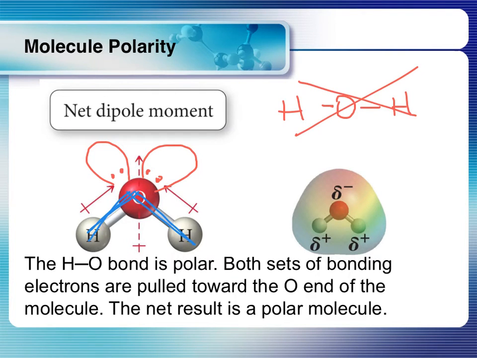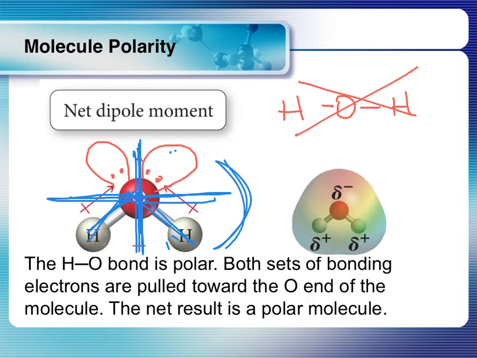Okay, it's not linear, and therefore, although if you draw a line straight up and down, it's symmetrical across this plane, if we draw a plane this way, it's not symmetrical on top and bottom. Okay, so it's got to be symmetric in all planes.